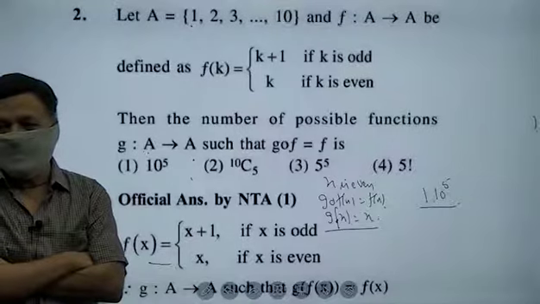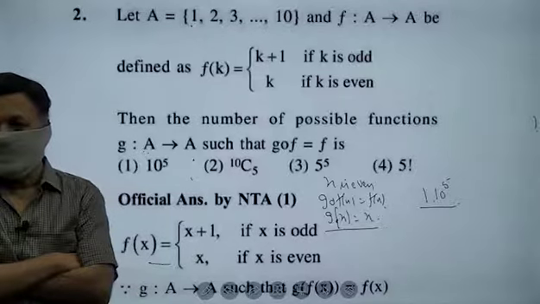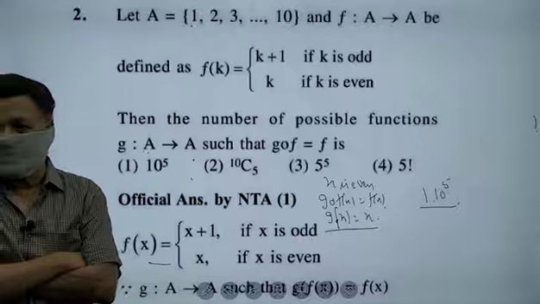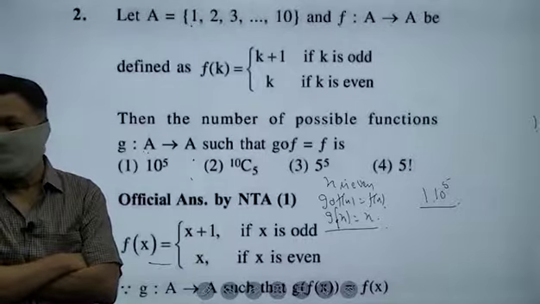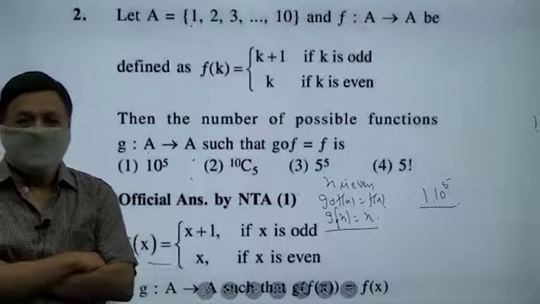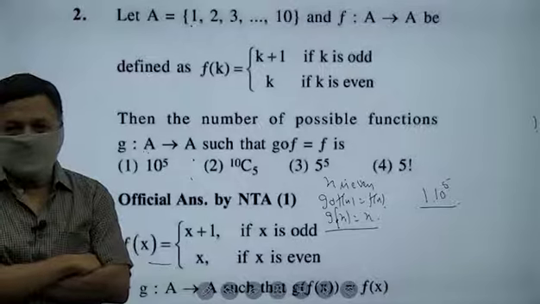Whereas g of 2 should go to 2, g of 4 should go to 4, only one way. g of 6 is equal to 6, g of 8 is 8, g of 10 is 10.